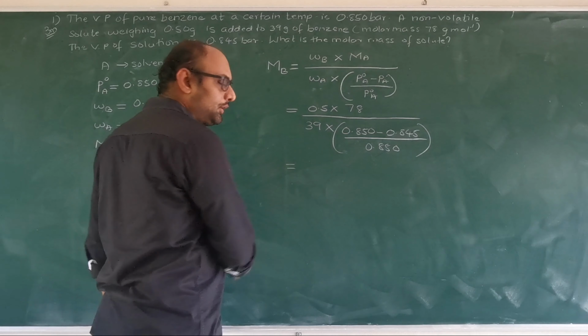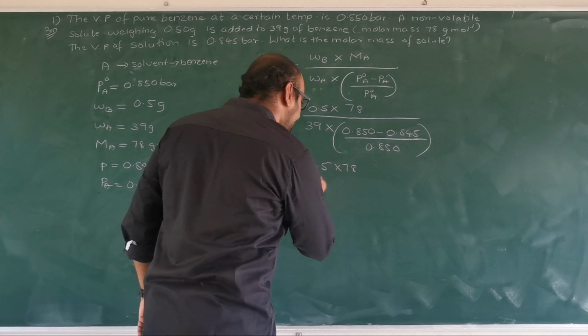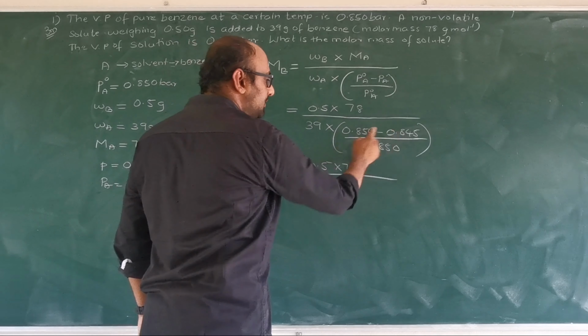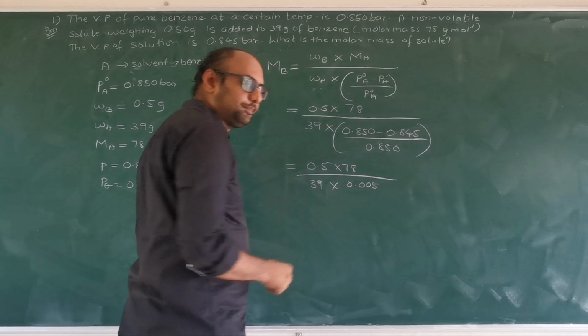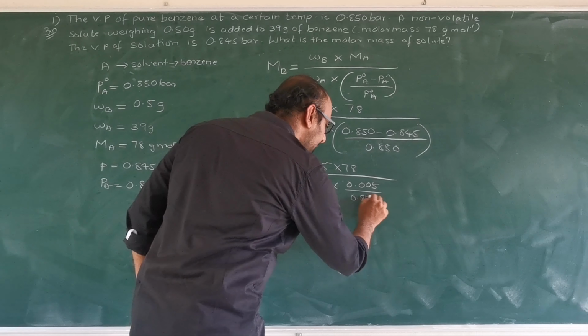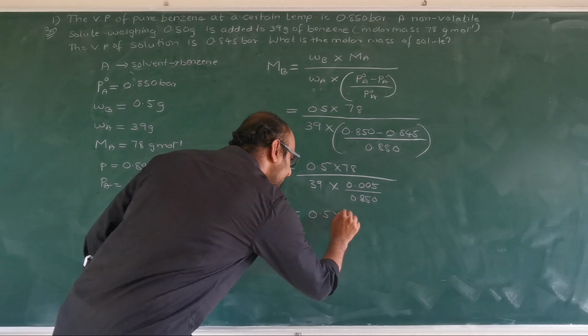Now this is equal to 0.5 into 78 divided by 39 multiplied by, when you subtract this, you will get 0.005 divided by 0.850. Now you can send this to the numerator side, so you will get 0.5 into 78.